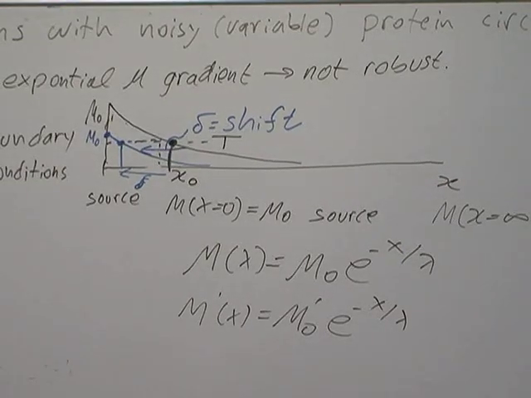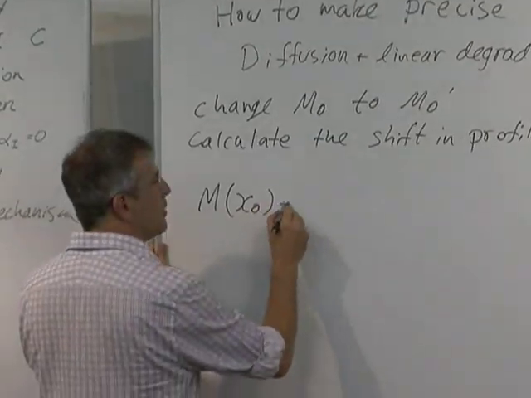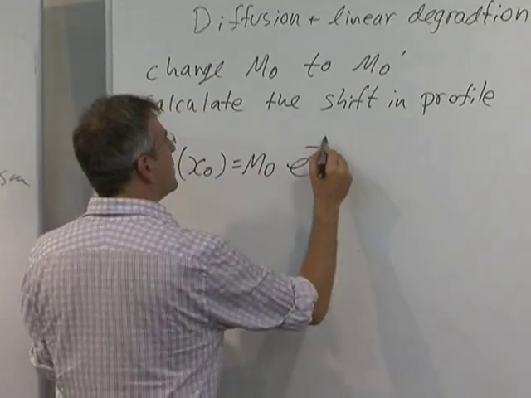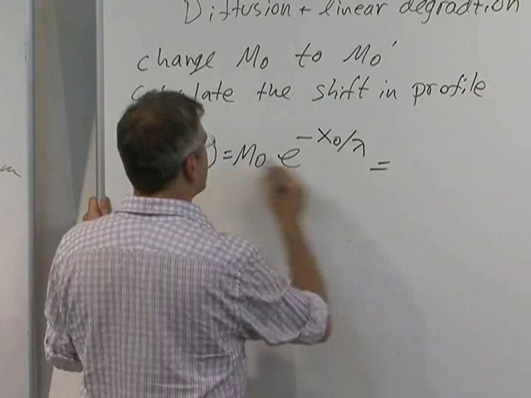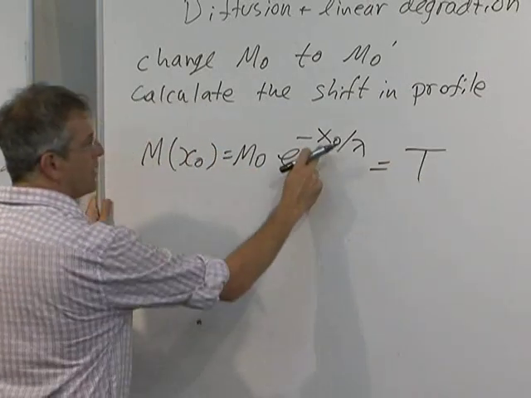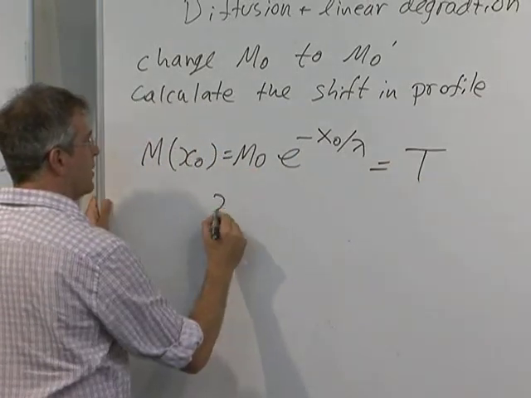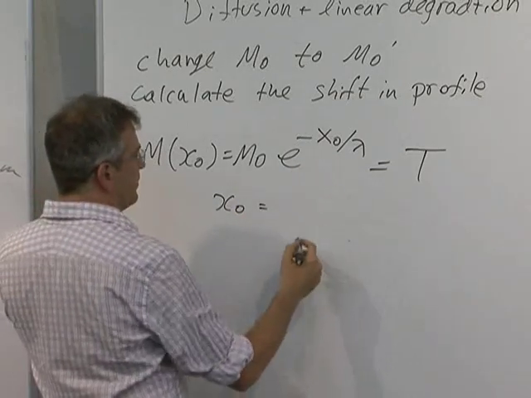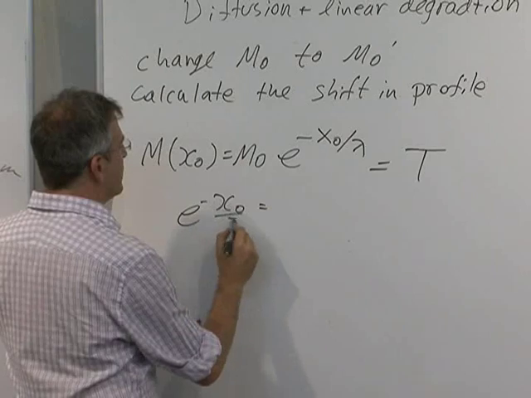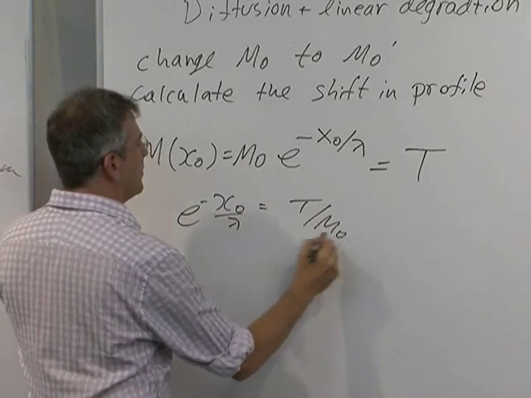So to calculate this position, I ask, where does the concentration equal this t? And then I need to find what this x0 is. And the answer, we did this kind of calculation many times. E to the minus x0 over lambda is t over m0.